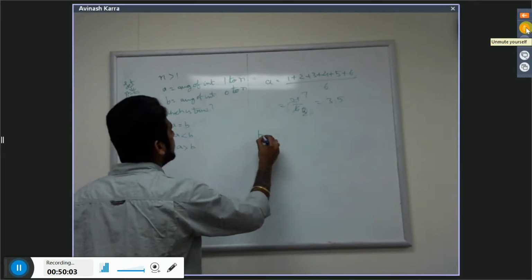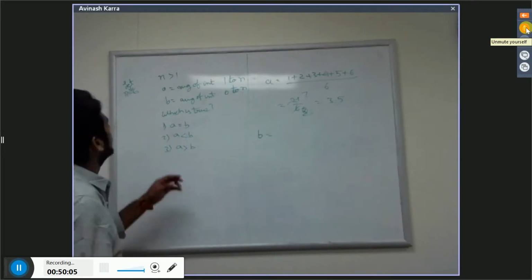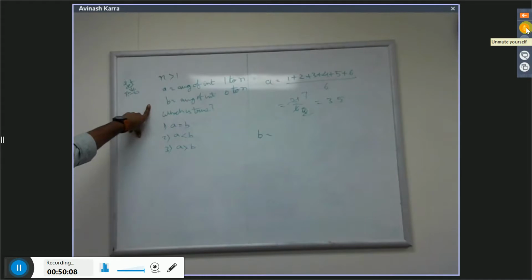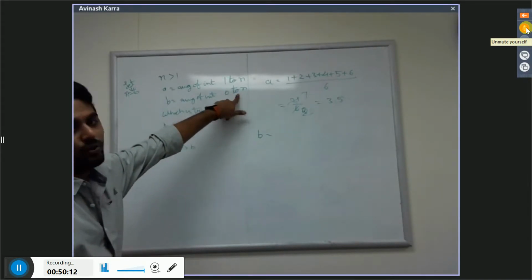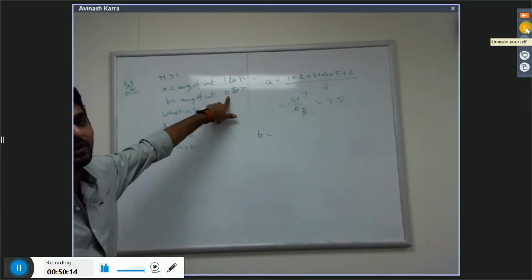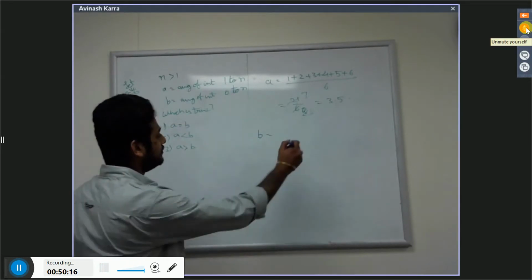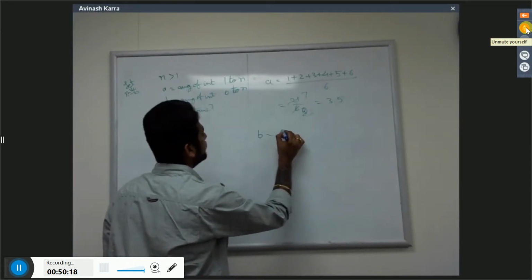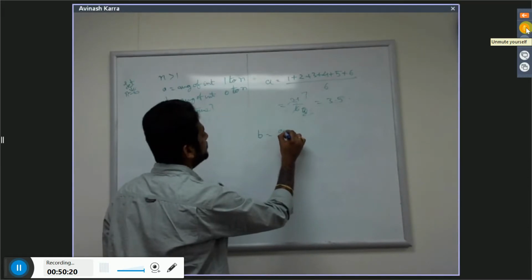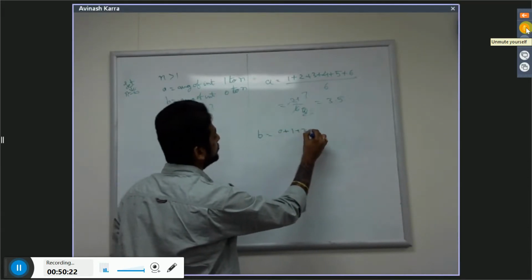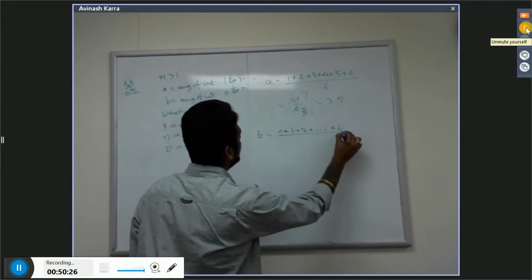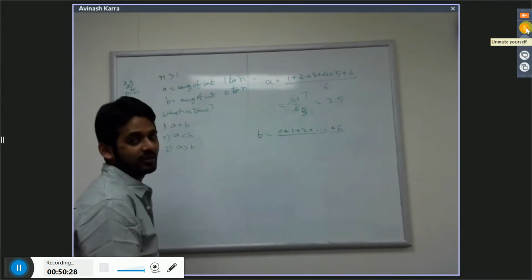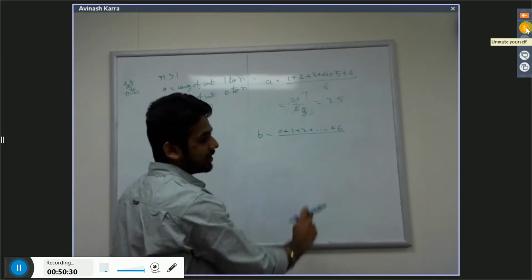Now let us calculate b. B is equal to the average of integers from 0 to n. So 0 is included. I want to find B: 0 plus 1 plus 2 and so on till 6, divided by how many numbers? How many values?